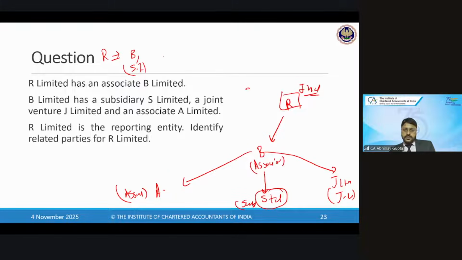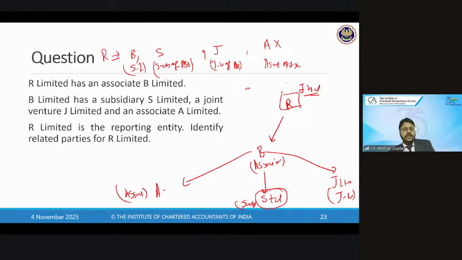So you will say S Limited is covered because it is the subsidiary of the associate. What about J Limited, which is a JV of the associate? JV will also be covered. So you are saying J is also covered because it is a JV of the associate. Then what about A? A will not be covered, sir. Associate of an associate is not covered. That's the answer.